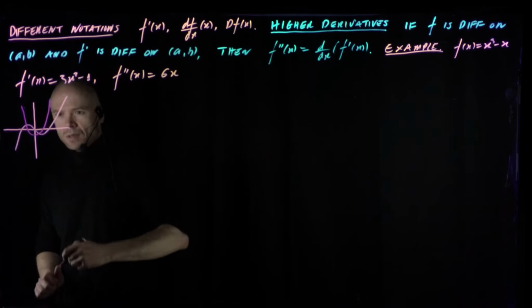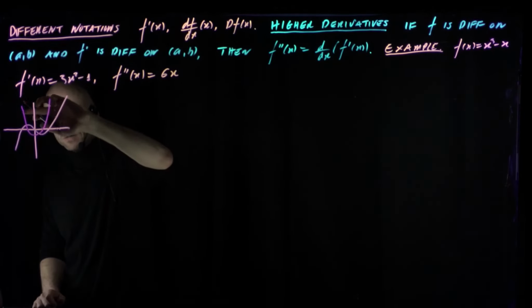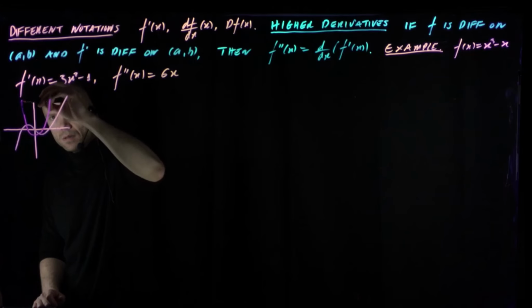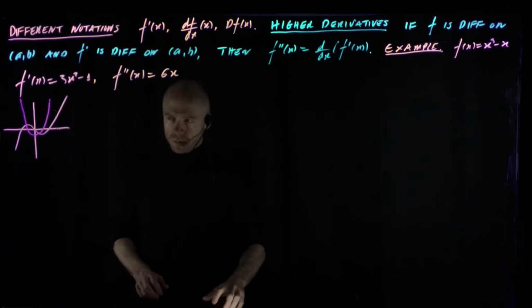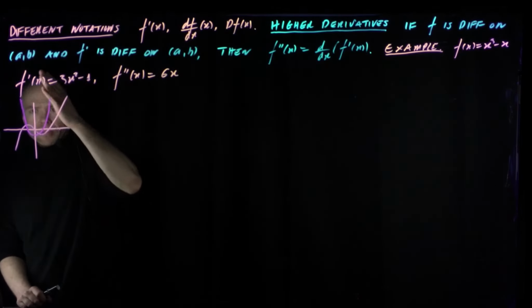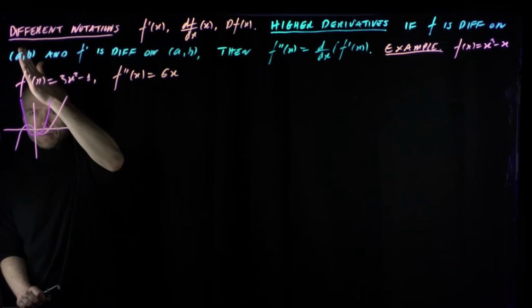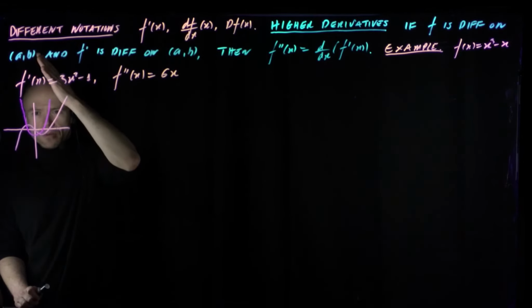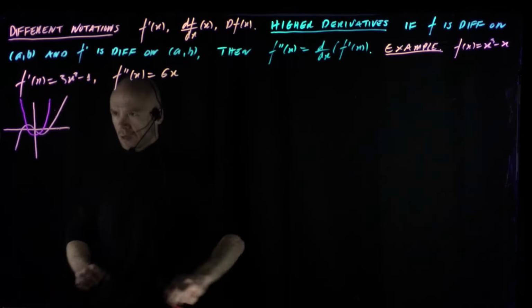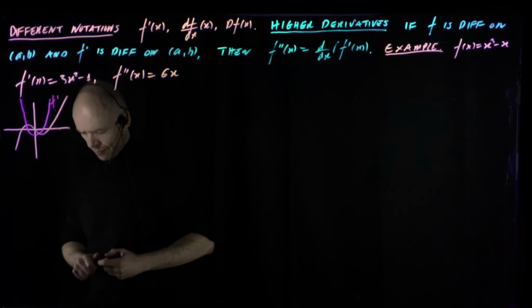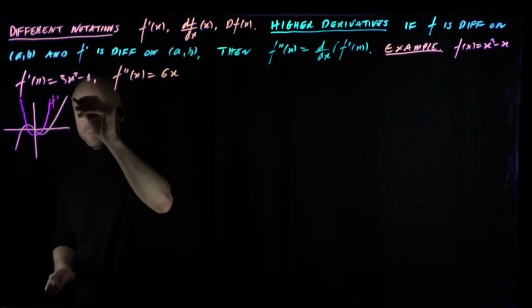Yeah? Not very symmetrical, but you see what I'm trying to do. And then let's look at the derivative of the derivative. So let me put these things in. So this is f prime, and this is f.